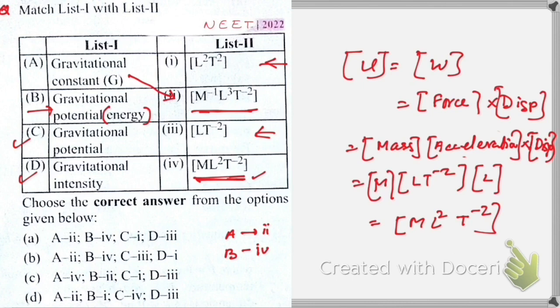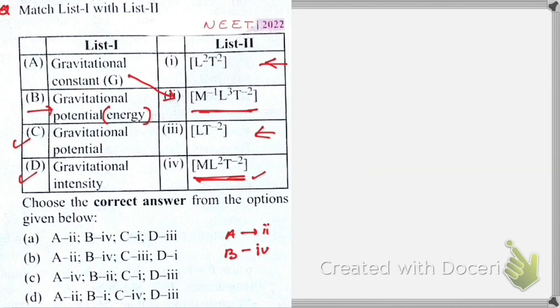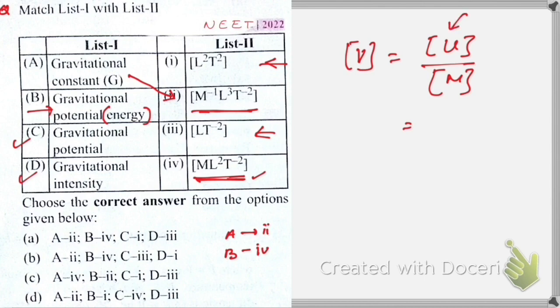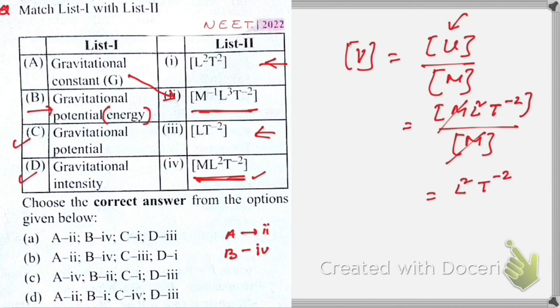So gravitational potential will be given by energy divided by mass. We have already got the dimensional formula of energy, that is M L square t to the power minus 2, divided by M. In that case this M cancels, so we have L square t to the power minus 2. So this is the dimensional formula.